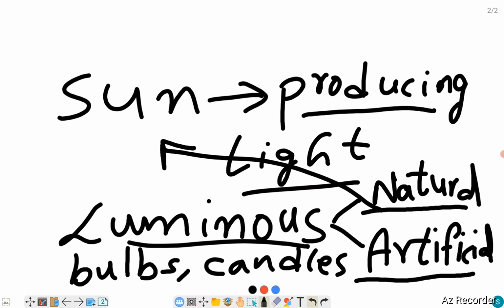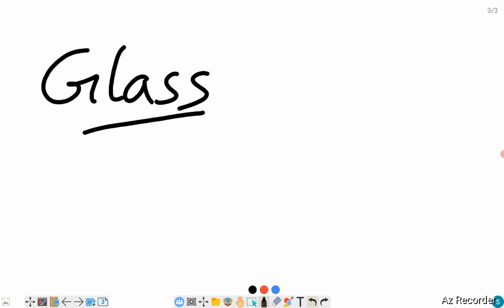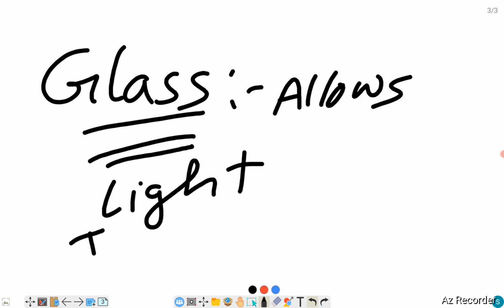They use glass, correct? Glass, what does it do? It allows us to see what is there on the other side as well. So these types of objects allow light to pass through them completely. They are called transparent objects.